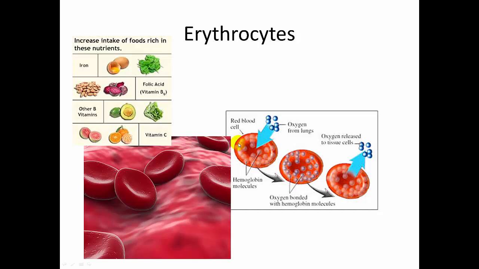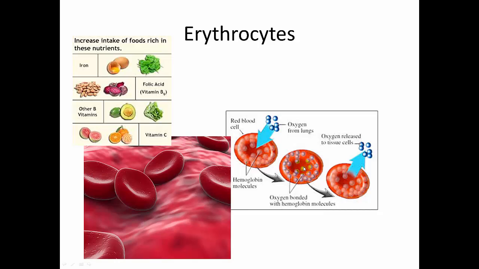So within the red blood cell, we have hemoglobin molecules. Now the hemoglobin molecules are what's responsible for attracting the oxygen. And so these oxygen molecules from the lungs are attracted to and attached to the red blood cell.